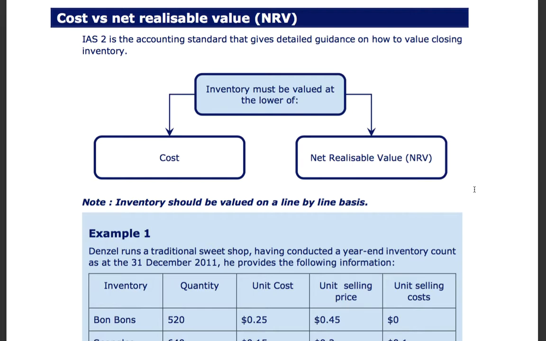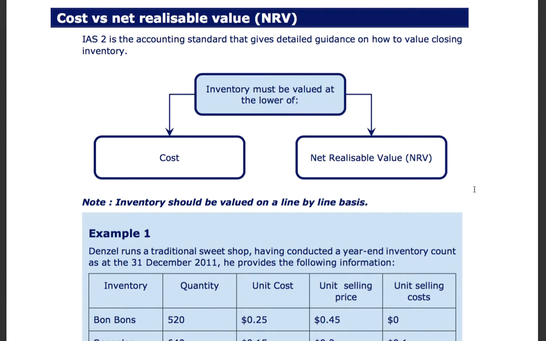So the first thing we talk about in IAS 2 inventory is that there are two ways. There are two things in IAS 2. Inventory is supposed to be valued at cost or NRV. So how do we call it? We say inventory should be valued at lower of cost or NRV, that's net realizable value.